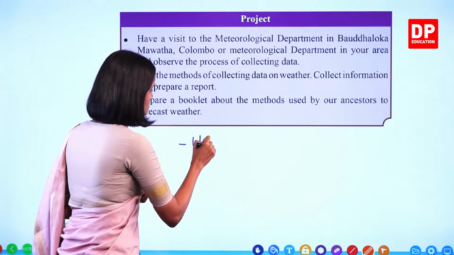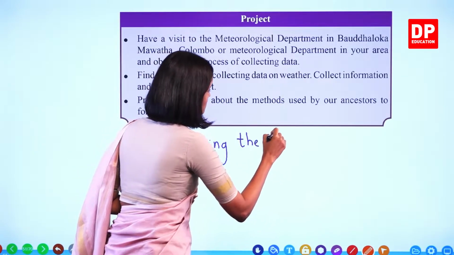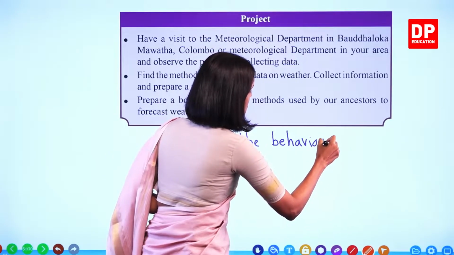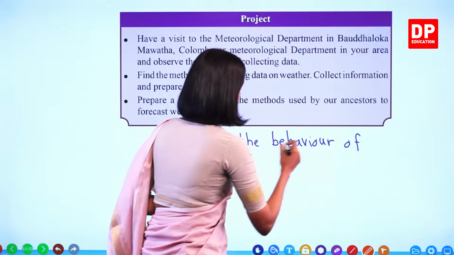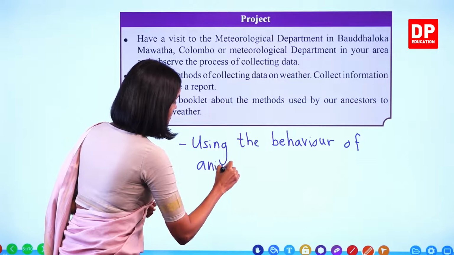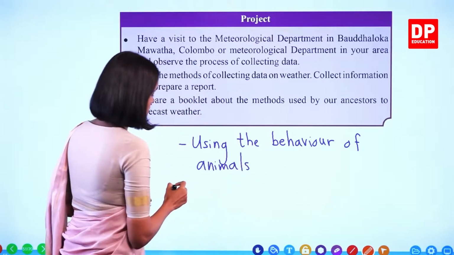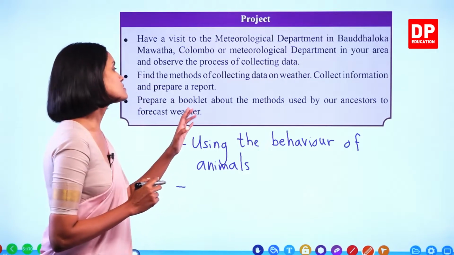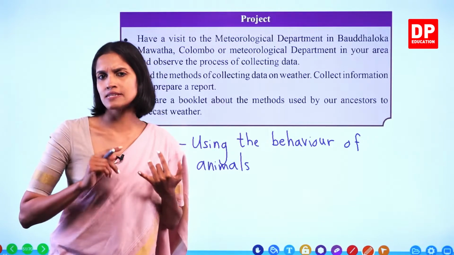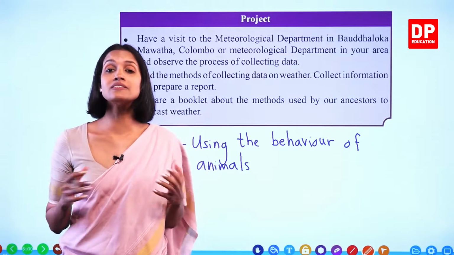Using the behavior of animals, right? Some birds, even some mammals, some insects, the way they behave. What else, children? Sometimes they use the constellations. What is the meaning of constellations, children? You must have seen in the night sky there are different star patterns.